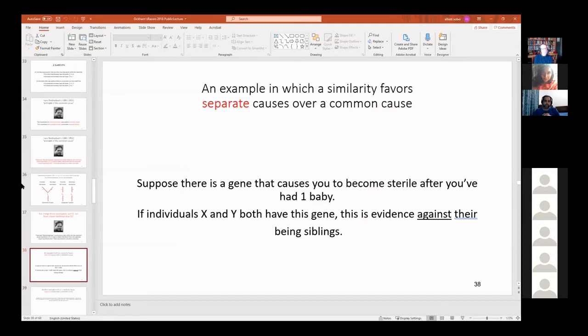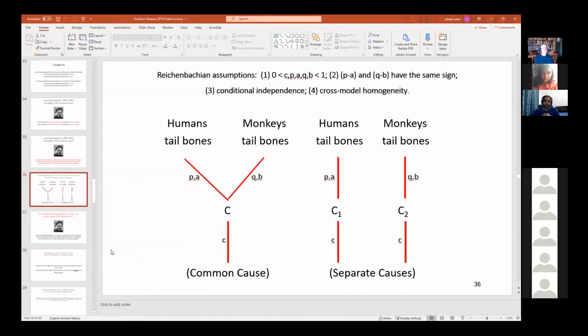And what's being violated here is this conditional independence. The probability of monkeys having a tailbone, given the ancestor is in some state, is the same as the probability of monkeys having a tailbone given what's going on here, and given that human beings also have a tailbone. That's the idea that this screens off this from this.